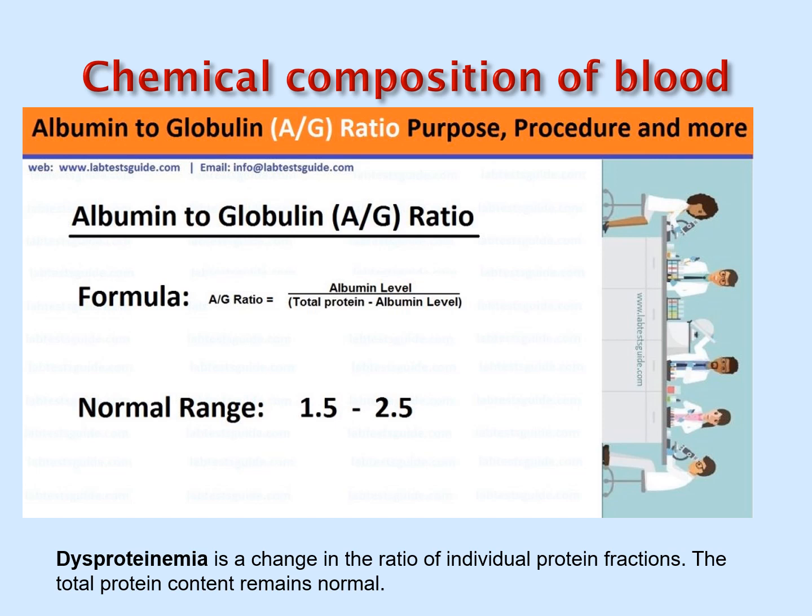If there is a change of this ratio, this pathological state is called dysproteinemia. Dysproteinemia can be a result of different changes in concentration of albumins and a result of abnormal production of globulins.